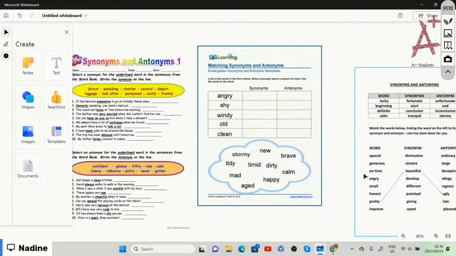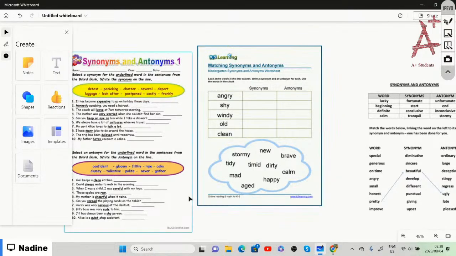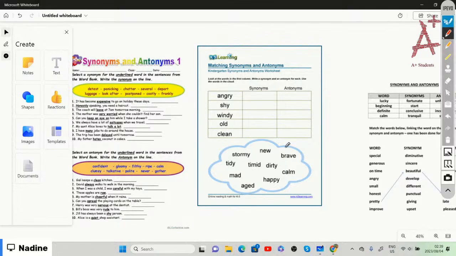All right. So if we look at the word angry, another word similar in meaning to angry, is it new, stormy, brave, dirty, timid, tiny, mad, aged, happy, or calm? So if someone is angry, we can say that they are mad.